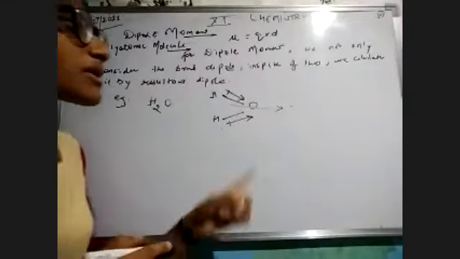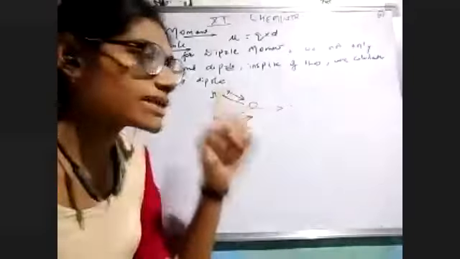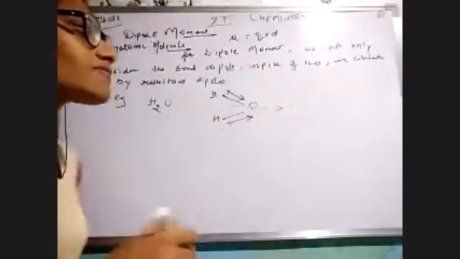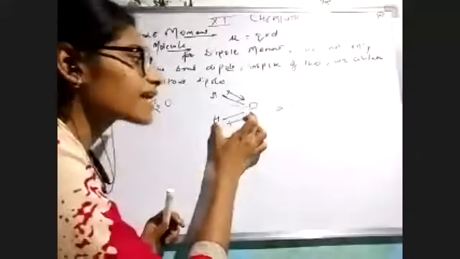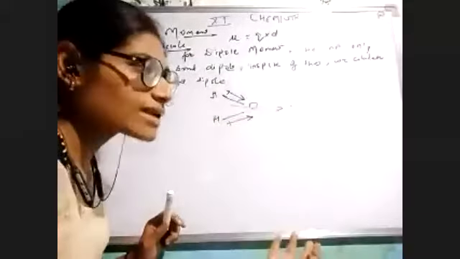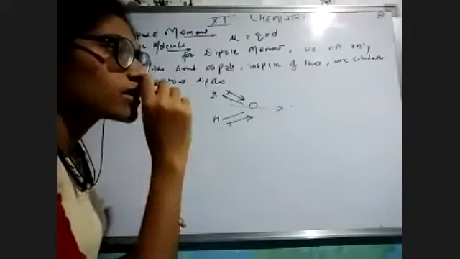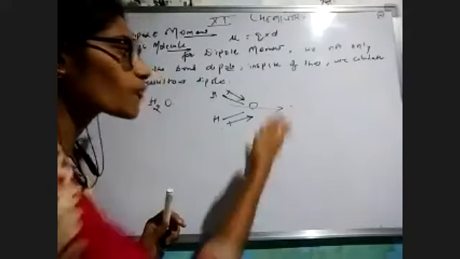So first of all we will consider the direction, and due to direction we will check how our resultant dipole is calculated. I would like to say the total magnitude of the dipole moment would be calculated. Clear? So this is the way we would represent our concept of dipole moment.